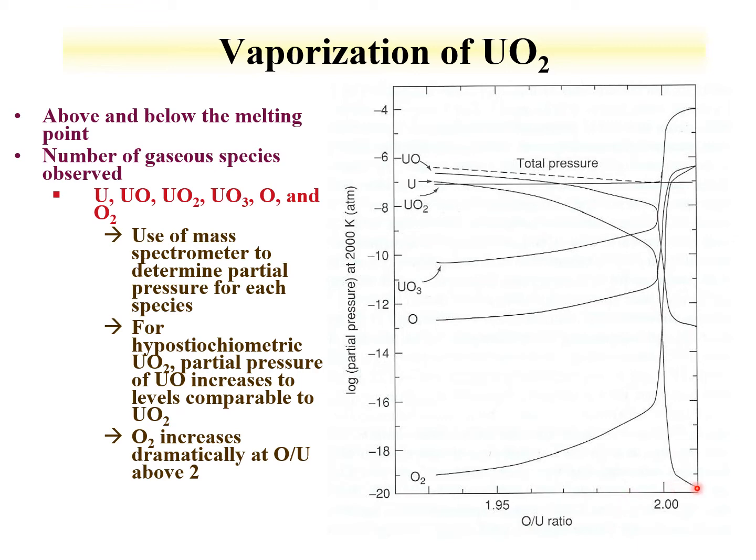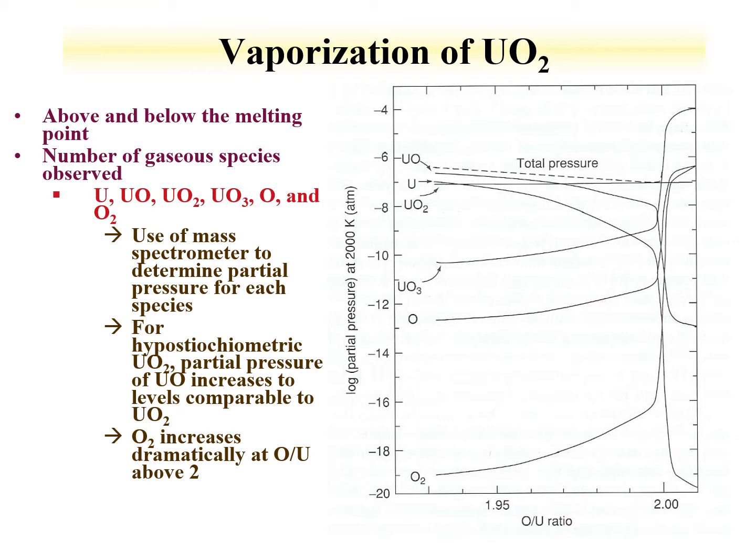The reason that's important, if you think about when uranium fissions, is that the fission products are going to want to form oxides. How much oxygen is available will dictate which fission products can form oxides. As we'll learn when we evaluate the chemistry of fission products in spent fuel, some metals, such as the metals from molybdenum up to palladium, form metallic inclusions.